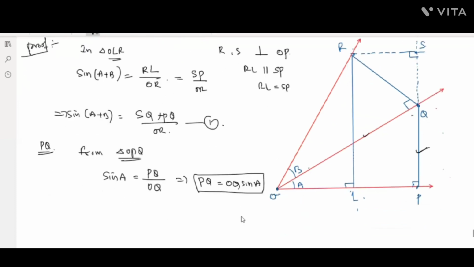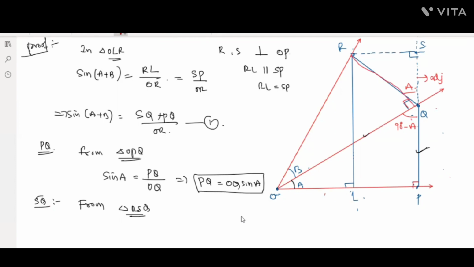I need SQ also, right? So where will I get SQ from? From triangle RSQ, we need the angle right here. When this is A, this is 90, the remaining is 90 minus A. And this is 90, so 90 minus A means this will be A. According to angle A, this is the adjacent side and this is the hypotenuse.